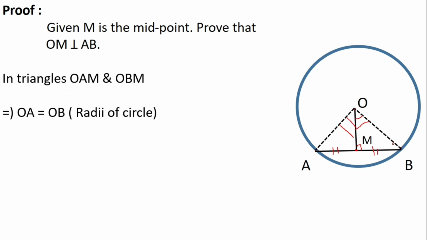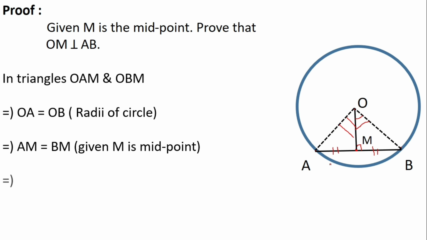Why? Because we have already proved that the radius of a circle remains the same throughout the circle. Next, it is given to us that M is the midpoint of the chord AB. So AM will be equal to BM. Third thing, the side OM is common to both the triangles.